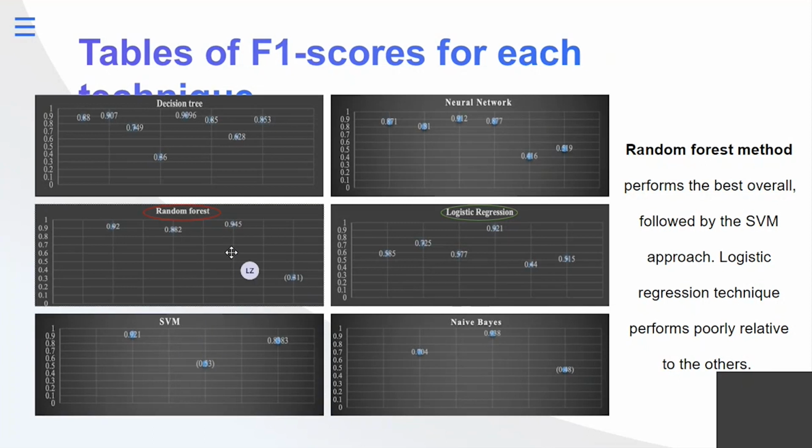And the logistic regression technique performs poorly relative to the others. The random forest method exhibits good performance because it is an ensemble method for decision trees, especially when the samples use a very large number of input variables or when large data sets are employed. So random forests perform better than most single algorithms as they do not fall into overfitting traps.